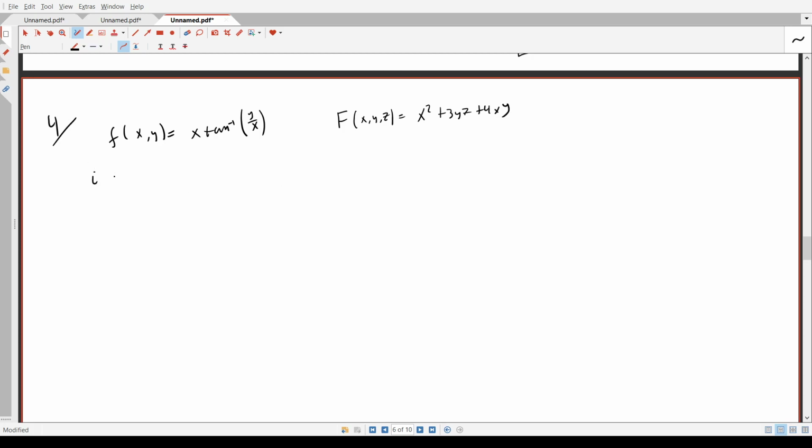Okay, so part I is find the gradient of F. That's pretty simple. The gradient of capital F is what it's asked for. So that's going to be 2x plus 4y. And then with respect to y, that's going to be 3z plus 4x. And then with respect to z, that's going to be 3y. Done.